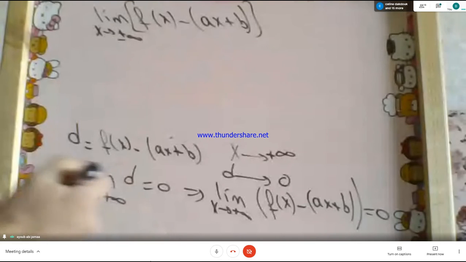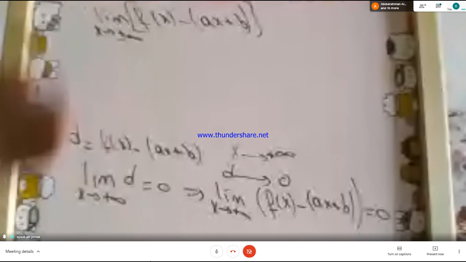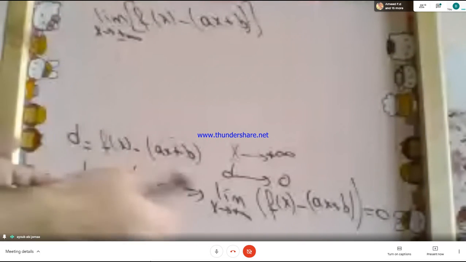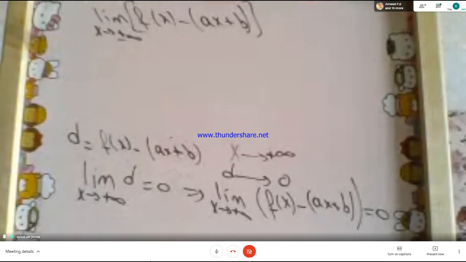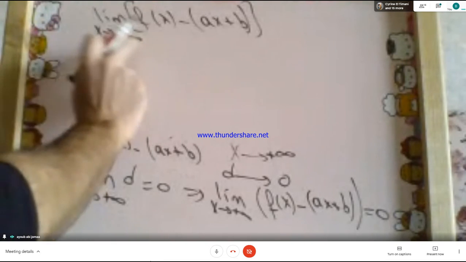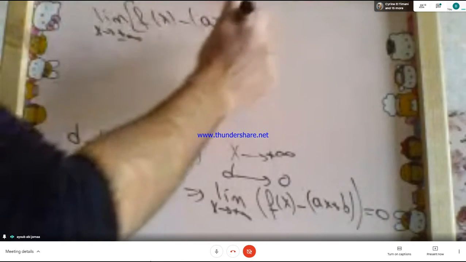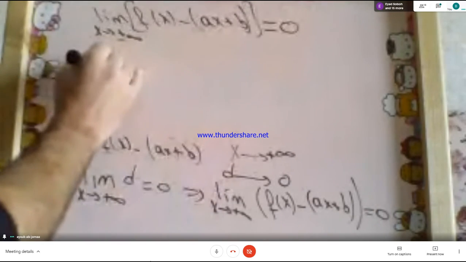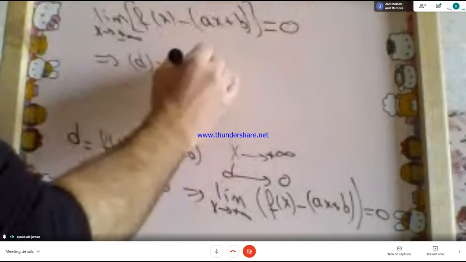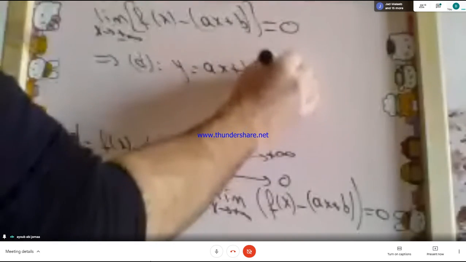And this, you will not see it in grade 11, okay, because we are going to study rational functions in grade 12, but you are going to study different functions. Anyways, so the limit as x approaches positive infinity or negative infinity of this difference, if it is equal to 0, then the line of equation y equal ax plus b is oblique asymptote.